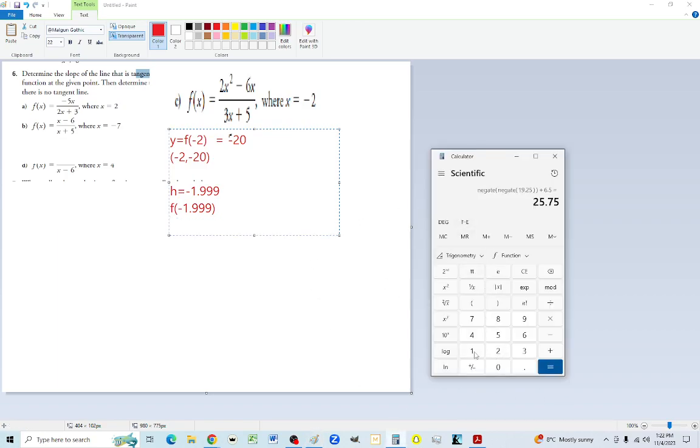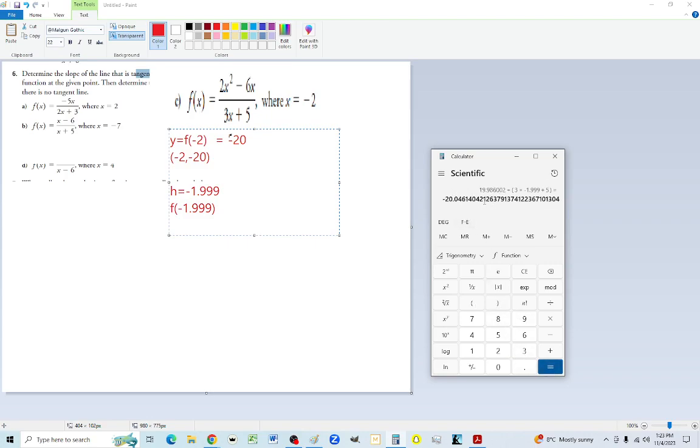So we're going to take negative 1.999, square it, multiply it by 2, subtract 6 times negative 1.999, hit equals, and divide it by open brackets, 3 times negative 1.999 plus 5, close brackets, equals.